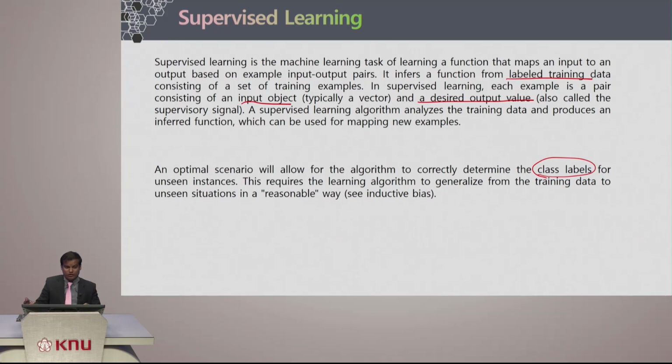Like the labels we talked about, maybe TV is a label, tablet is a label, mobile phones are a label. It has to clearly identify what this label is. So this requires a learning algorithm to generalize from the training data to unseen situations in a reasonable way, because you have a set of inputs which may go into any of these labels.